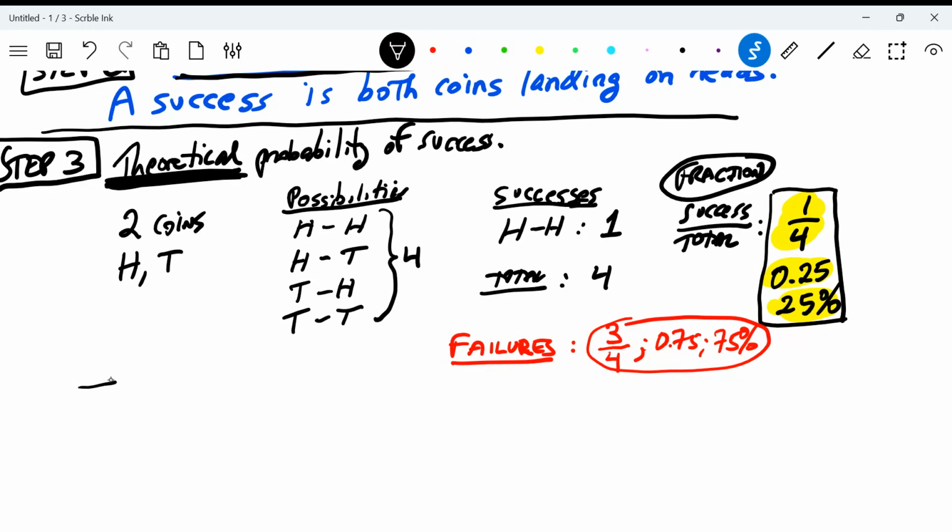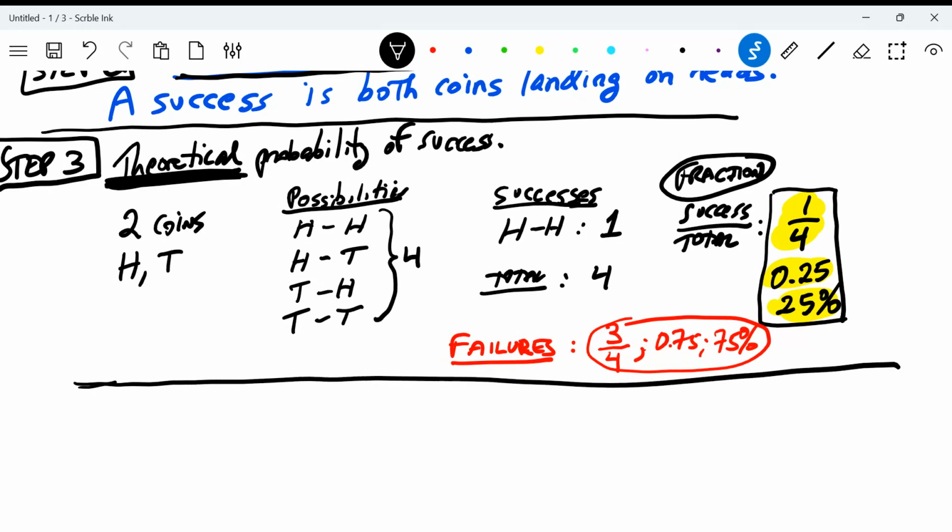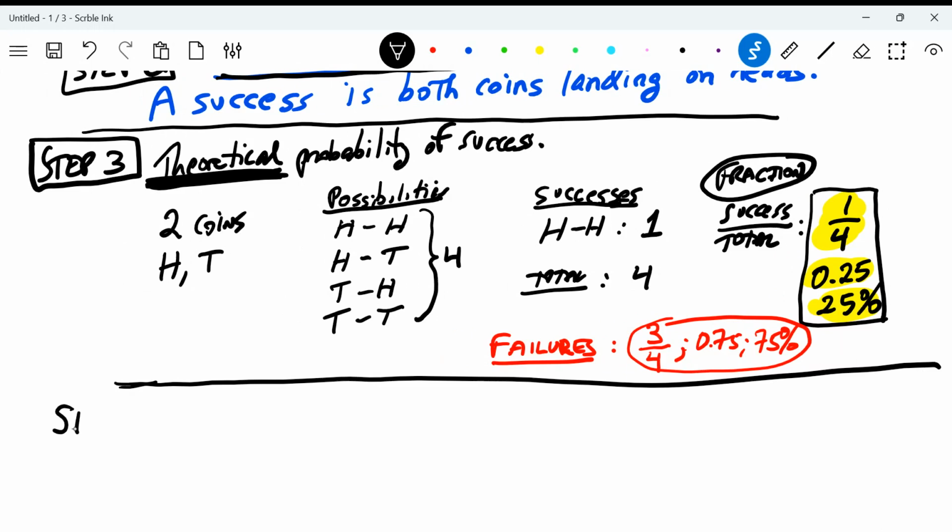Okay. So now we see what should normally happen. If we flip these coins 1,000,000 times, 25% of the time they should come up heads, heads. 75% of the time it's going to be something else. Now, let's actually do it. Not 1,000,000 times, but we'll do it a bunch of times.